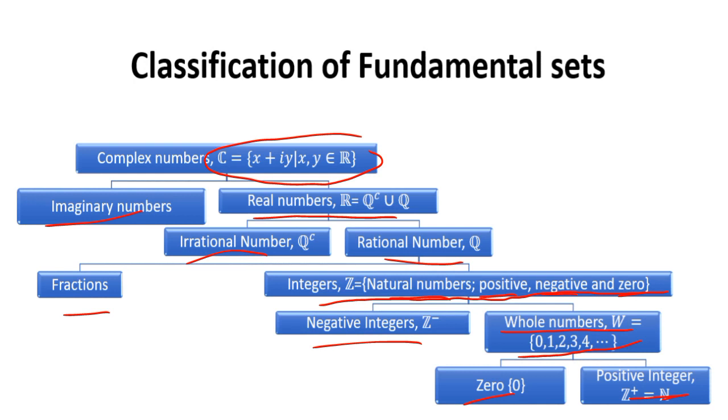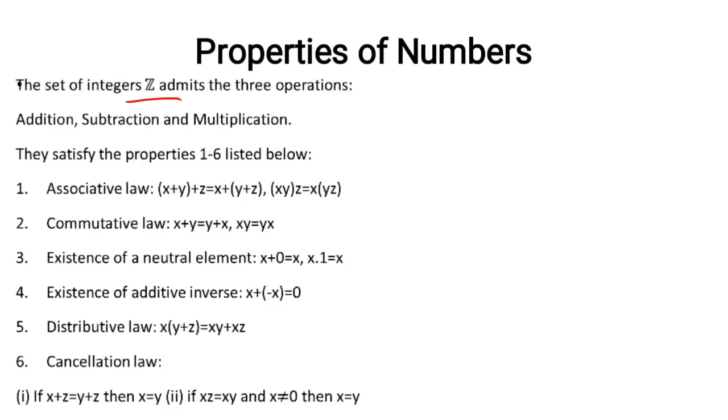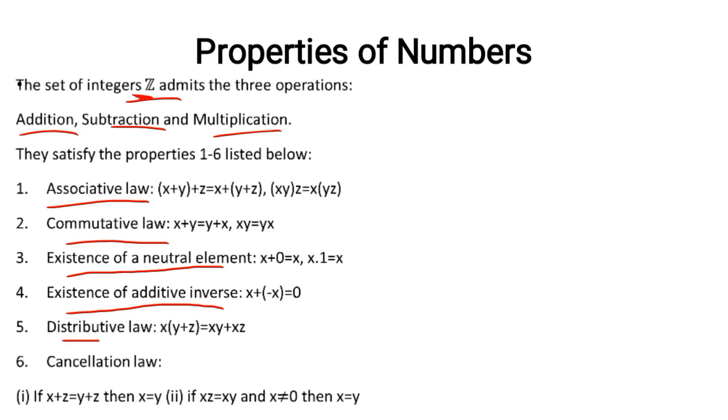Okay, so the set of integers, which is this Z you see there, admits three operations: addition, subtraction, and multiplication. Now, there are 6 properties that they satisfy: the associative law, commutative law, existence of a neutral element, existence of additive inverse, distributive law, and cancellation law, which is as defined here.